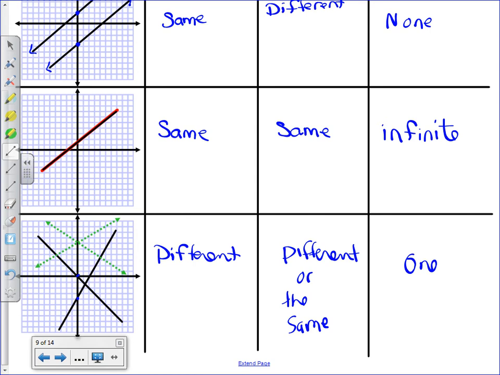The solution would be the y-intercept. These have the same y-intercept. That's their point of intersection. So their y-intercepts could be the same, but that means that it's the point of intersection. Does that make sense? That's a good point.